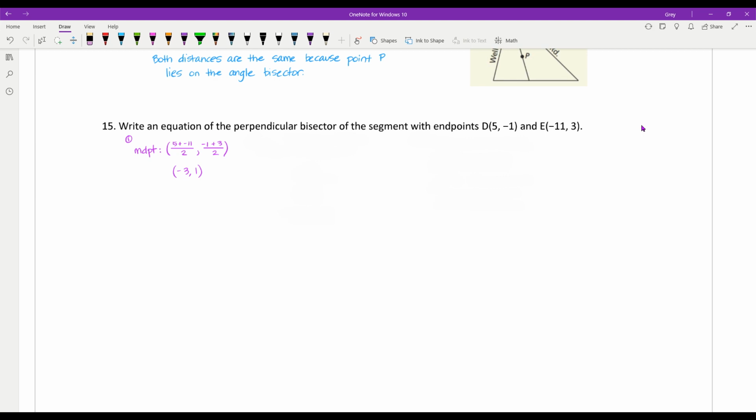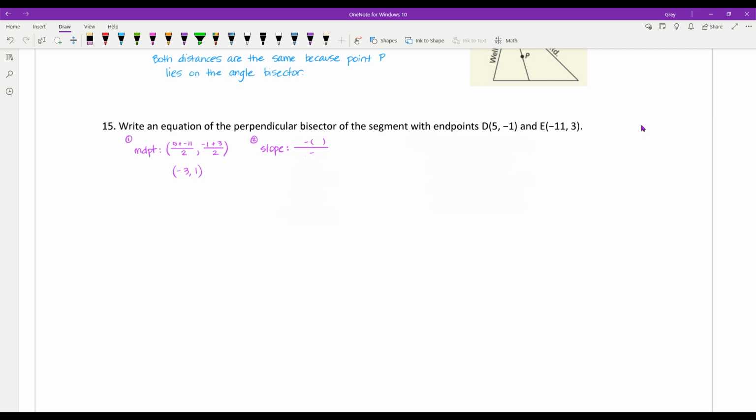Next, I need to go find the slope. So I've got to find the slope of DE. And the slope, remember, is the change in y over the change in x.